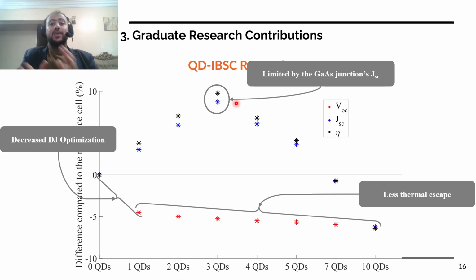Eventually, after 3 periods of quantum dots, the decrease in the J short circuit of the gallium arsenide junction makes it the current limiting junction, which causes the drop in J short circuit and in efficiency.